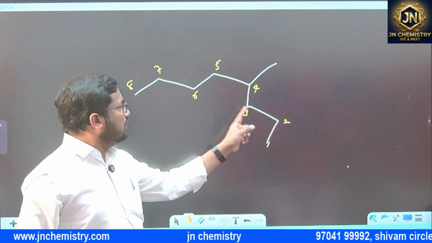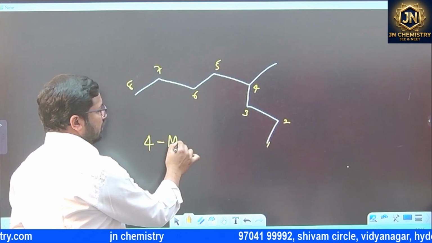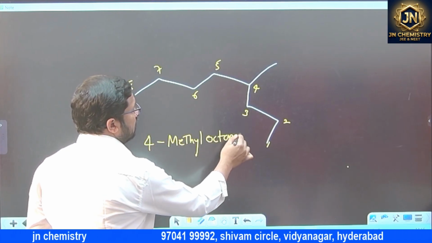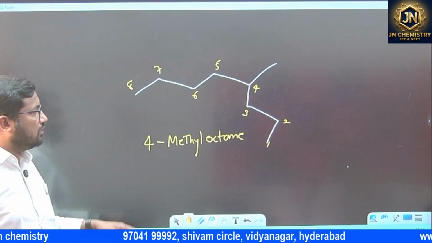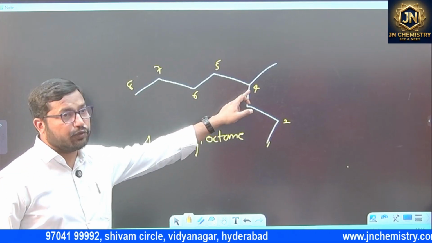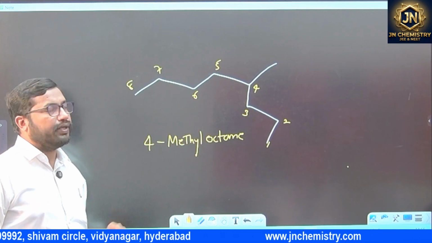So 4-methyloctane. 8 carbons means oct, all single bonds, ane. At the 4th position it is coming, so the least numbering rule is also included here.